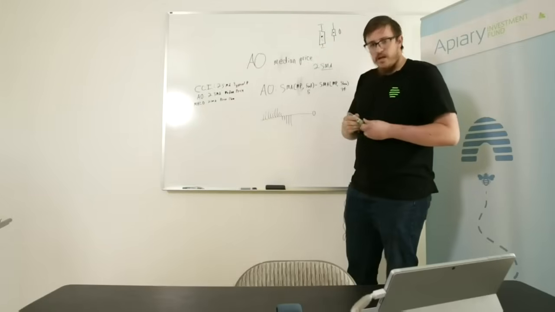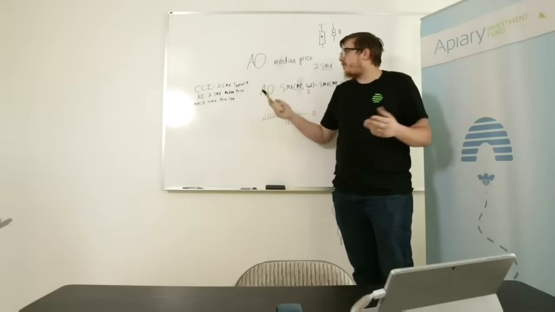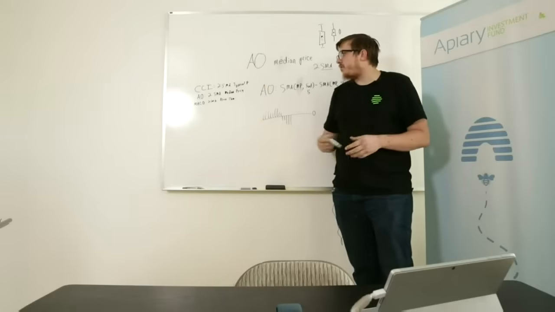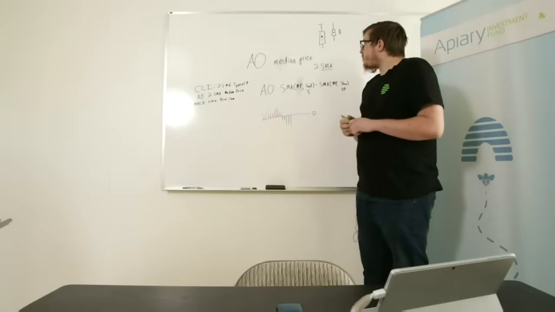Unlike a lot of other indicators where you're going off of price close, typical price for CCI, or median price, the Awesome Oscillator picks between the highs and lows.